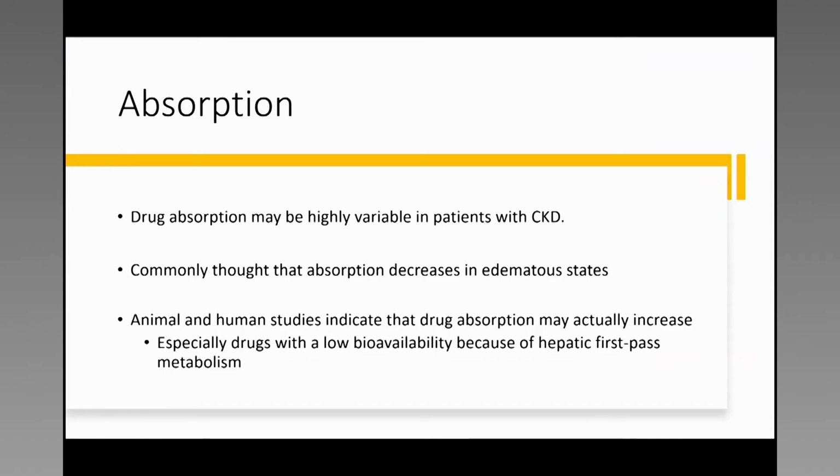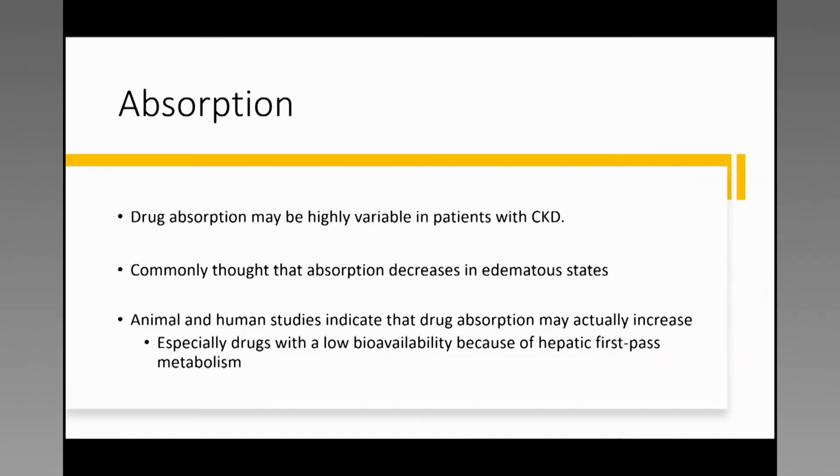It's commonly thought, though, that absorption will decrease in patients, predominantly when there are edematous states. So if you have edema, peripheral edema, then you may also have marked edema within the gut wall, and this may impact on drug absorption. But the data has actually been quite conflicting on that, and certainly it's not always reliable.